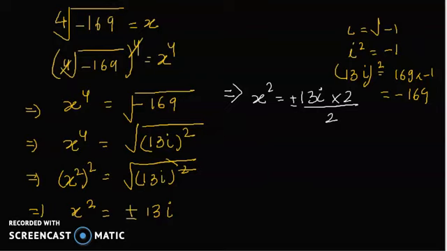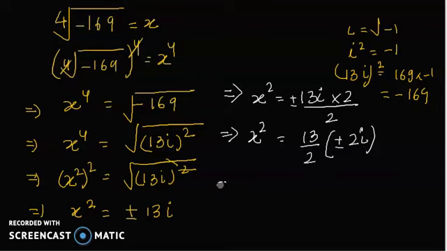And then we can further write it as x square is equal to 13 by 2 times plus minus 2i. So 2 cancels, you get 13i once again.